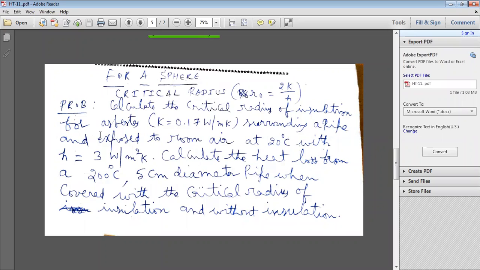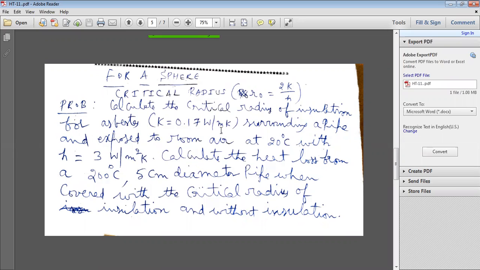Calculate the critical radius of insulation for asbestos material of thermal conductivity 0.17 watt per meter Kelvin, surrounding a pipe and exposed to room air at 20 degrees centigrade with convective heat transfer coefficient h of 3 watts per meter square Kelvin.